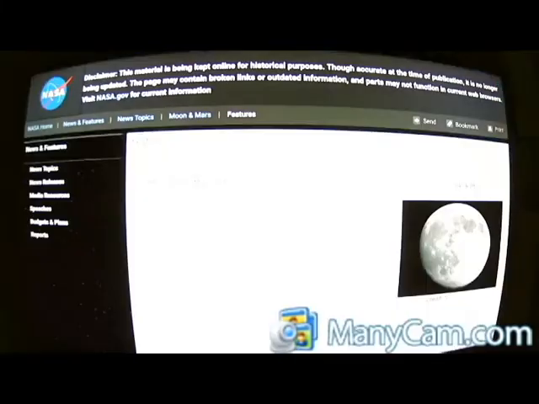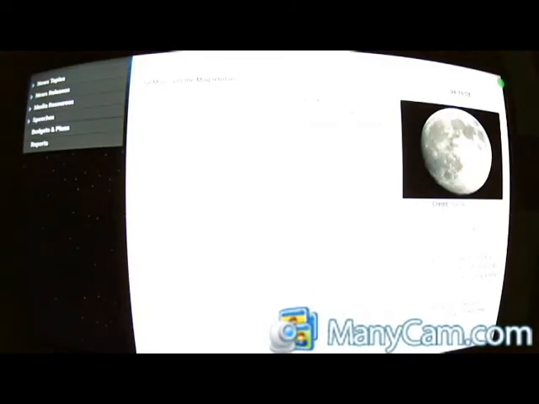And right here, Earth's magnetotail extends well beyond the orbit of the moon. That's from nasa.gov. And if you click on the link, here's the page that comes up, talking about the moon and the magnetotail.